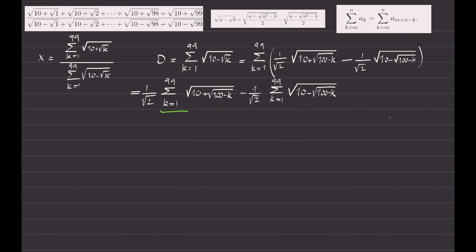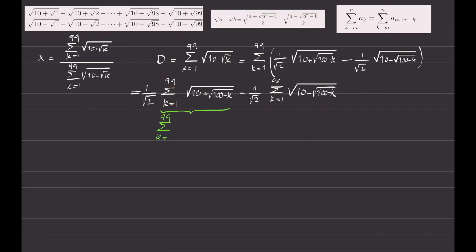This can be written as sigma, k goes from 1 to 99. If you see, the sigma here and the sigma there are the same, the only thing is that I have to change this index from k to m plus n minus k. In this case, m plus n is 100, so I have to change it to 100 minus k. So what will happen then?